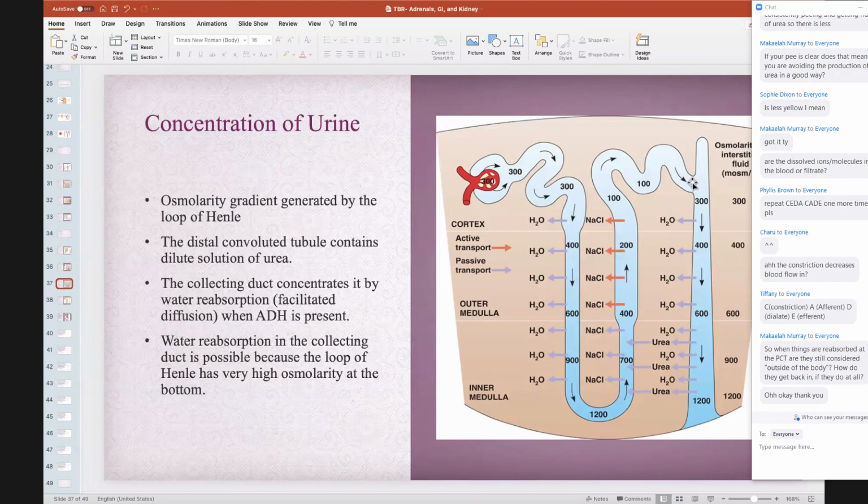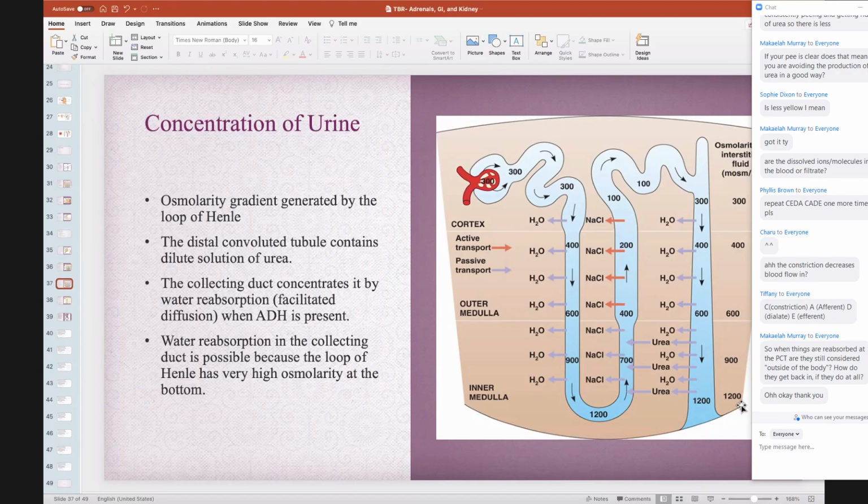As we go through the collecting duct, we are reabsorbing more and more water. The way we absorb more and more water is this osmolarity that exists in the interstitial spaces. The renal medulla at the very center is very, very salty. It's very high osmolarity, 1,200 milliosmoles per liter.